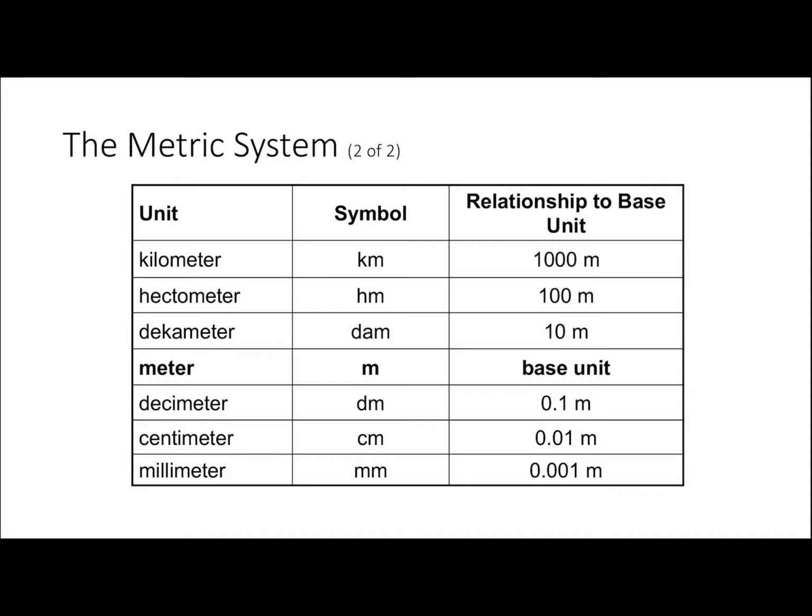If our base unit is the meter, and we use an M to represent meter, we have decimeter, centimeter, millimeter that are all smaller than that. So again, 1 meter, a decimeter is a tenth of that. A centimeter is a hundredth of that. A millimeter is a thousandth.